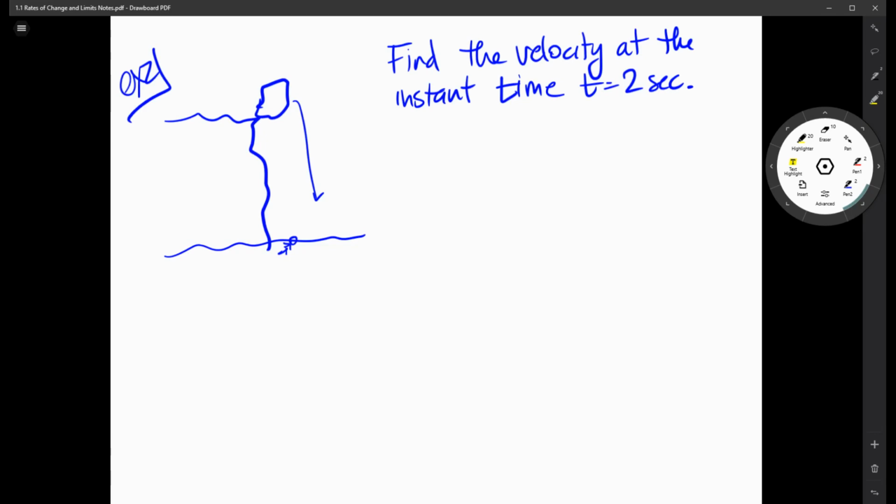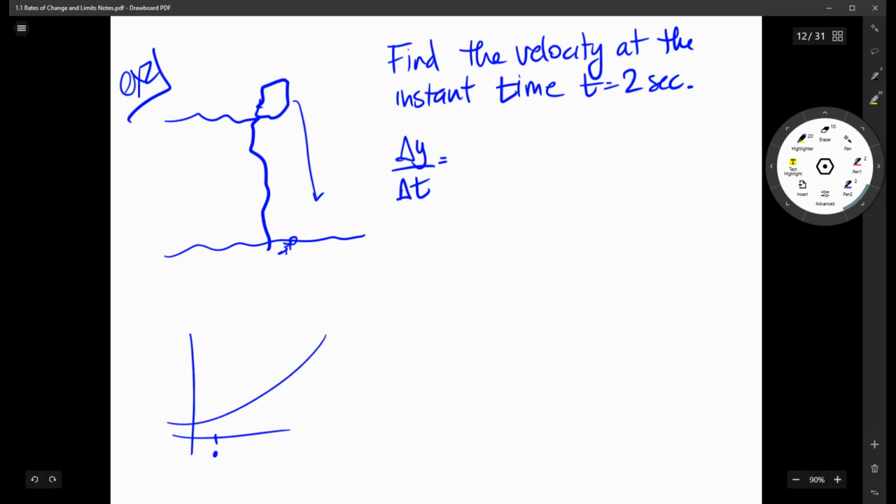Now, we have already calculated the delta y over delta t in this situation, but now I want to think about it a little bit more theoretically, because we're not talking about some situation where we have a point and then another point and the average velocity over the whole time. We're talking about one particular moment in time.